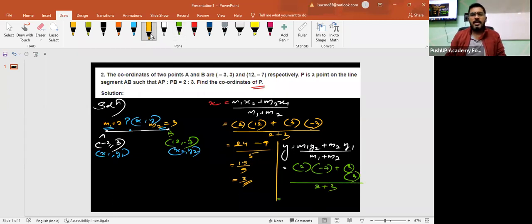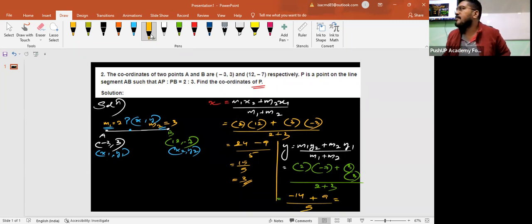That is equal to 2 into -7, which is -14, plus 3 into 3, which is 9, divided by 5. How much is -14 plus 9? -5. So -5 divided by 5 will give you -1.